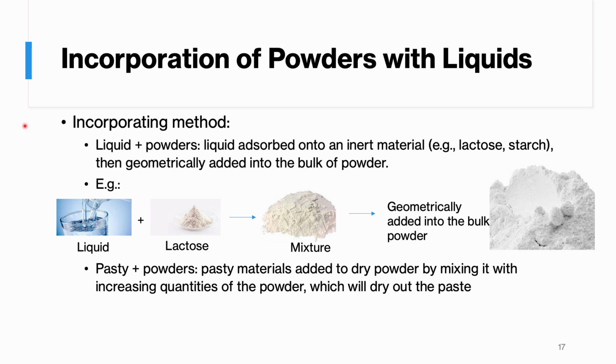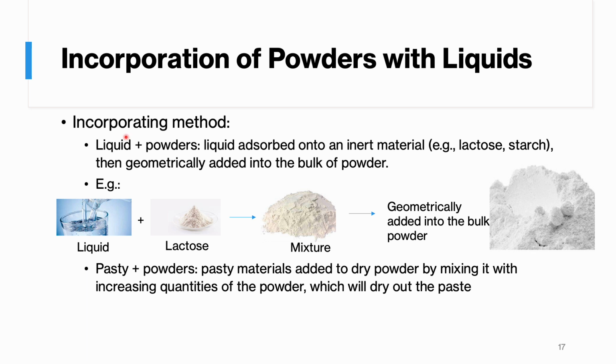When you mix powders, mostly that's just simple mixing, and if you incorporate a small amount to a large amount, you use a geometric dilution. To incorporate liquid into powder, there are some considerations to avoid any instability.